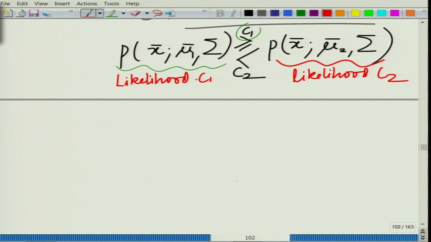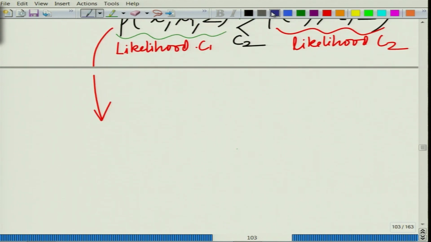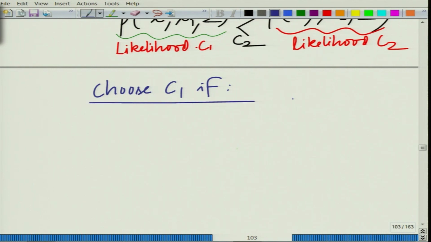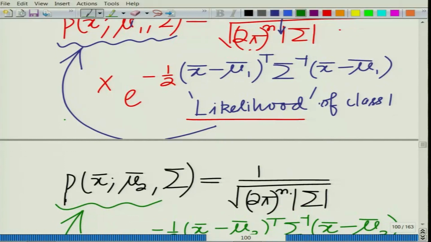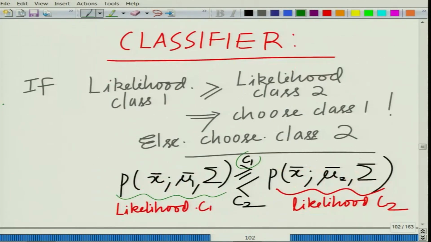Now let us simplify this. Let us substitute the expressions over here. If you substitute those likelihood expressions, let me write these expressions anyway.